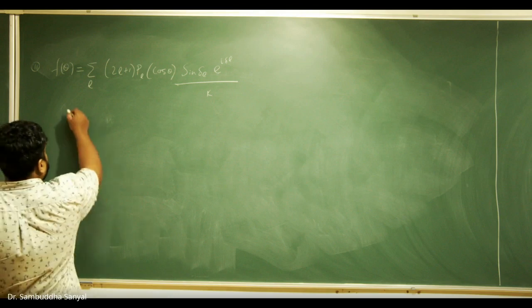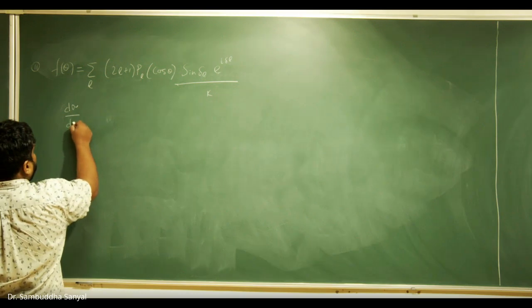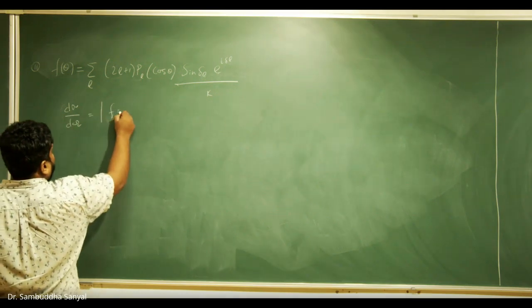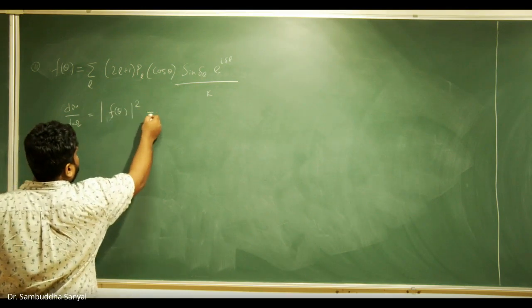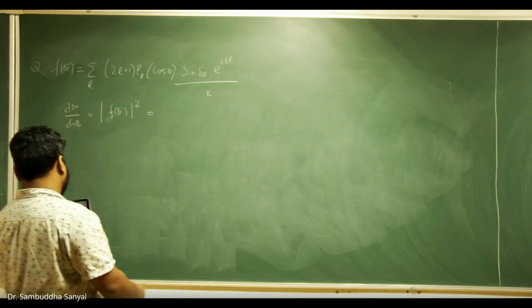The differential cross section will be d sigma d omega, mod f theta square. So basically it's a sum, so two sums and then square.